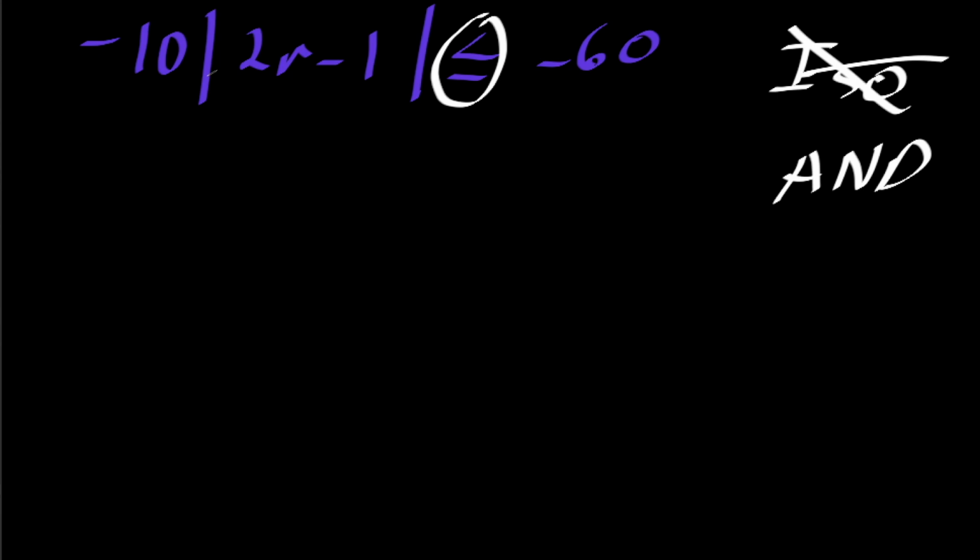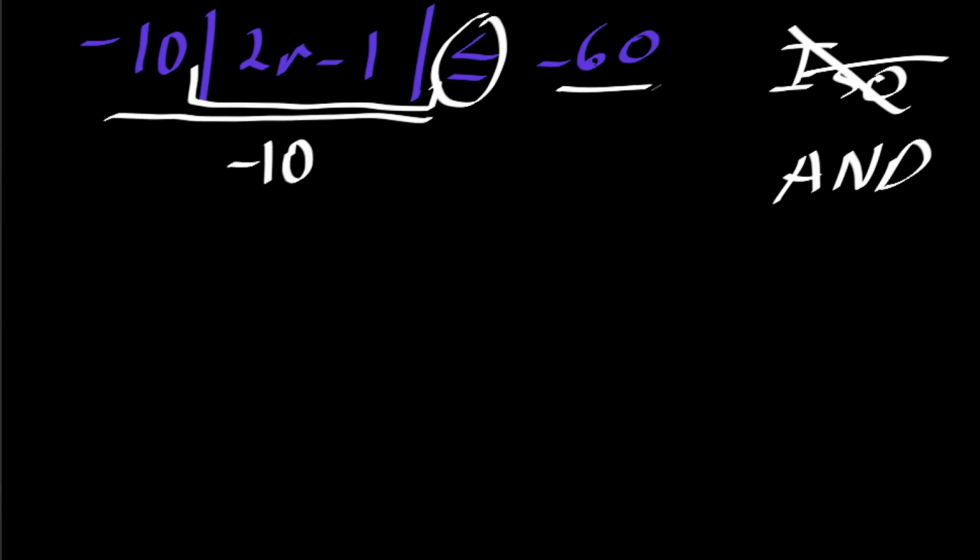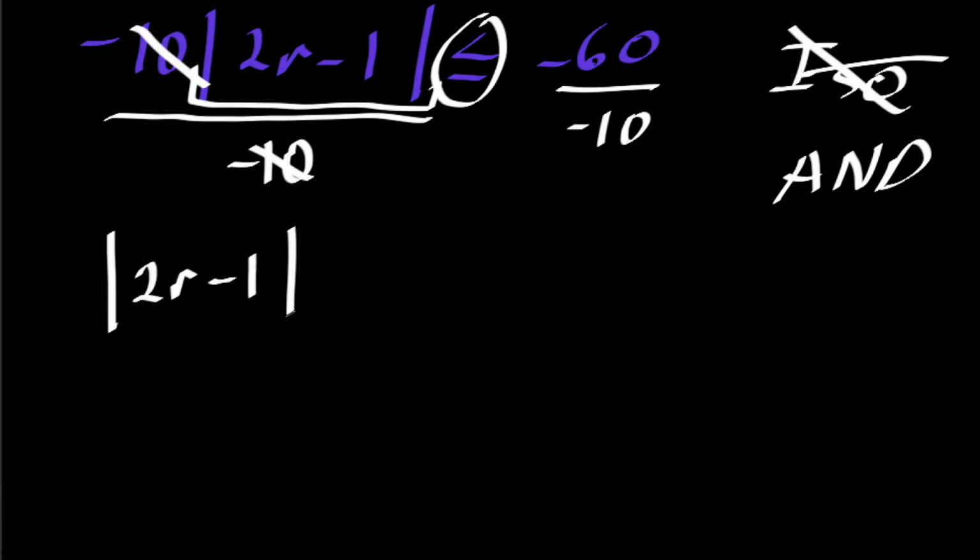We need to isolate the absolute value, so let's go back and actually do it now. That means this negative 10 has to move, so I'm going to divide to get rid of negative 10. Now, do we remember what happens when you divide on both sides by a negative when you have an inequality? This actually flips.